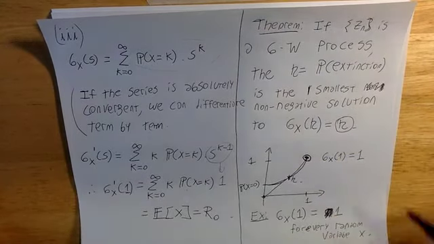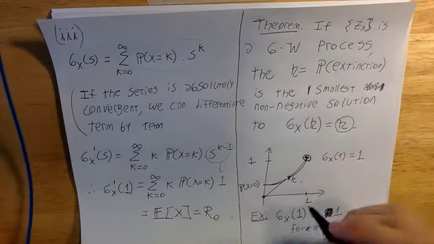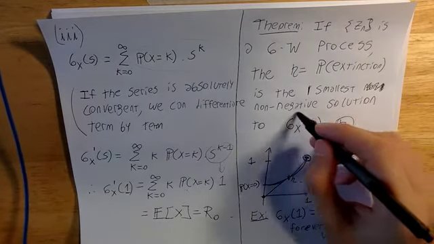And now the question is, the probability of having extinction is less than 1 if there is another solution to this equation.